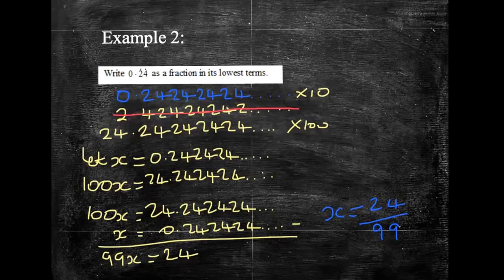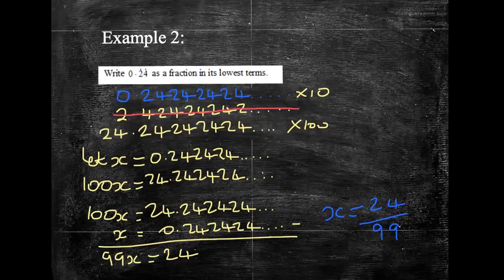24/99. Now it does say as a fraction in its lowest terms, and I'm just checking at this point, is there anything that I can do to simplify this? Well, I can see that 3 is going to go into 24, and 3 is going to go into 99.